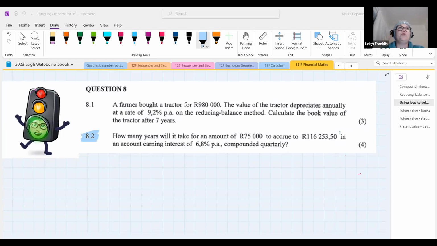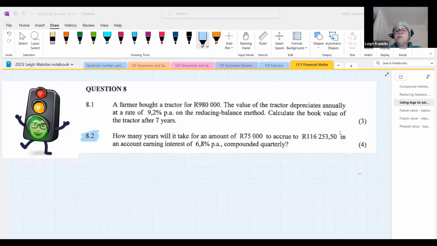So in other words, earns interest and grows from 75,000 to 116,253 Rand and 50 cents. That's what the word accrue means. Exactly, Tuelo. Compound interest.